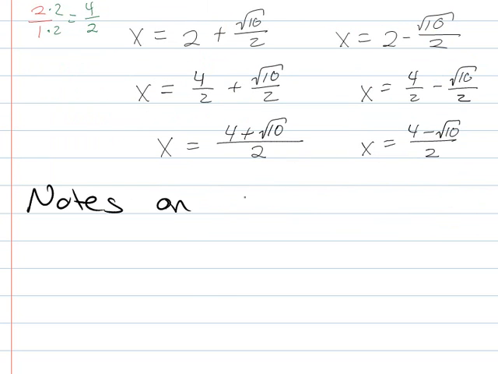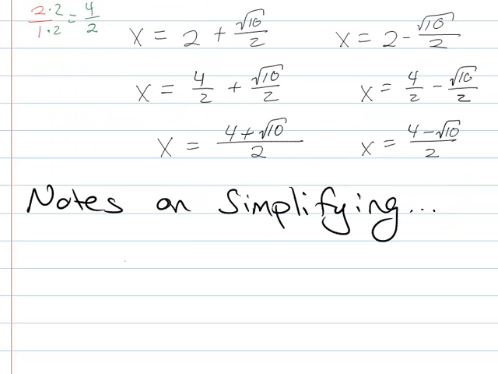Don't take a good answer and turn it into a bad answer, please, because you worked so hard to get this answer. Please don't mess it up. For example, if I have, say, 6 plus 4 square root of 3 over 2, remember, I can simplify it.